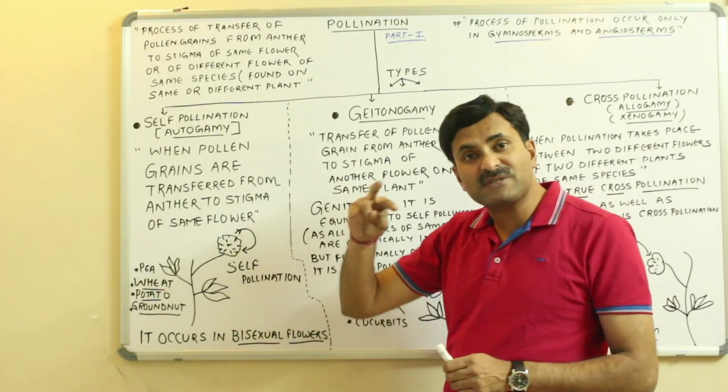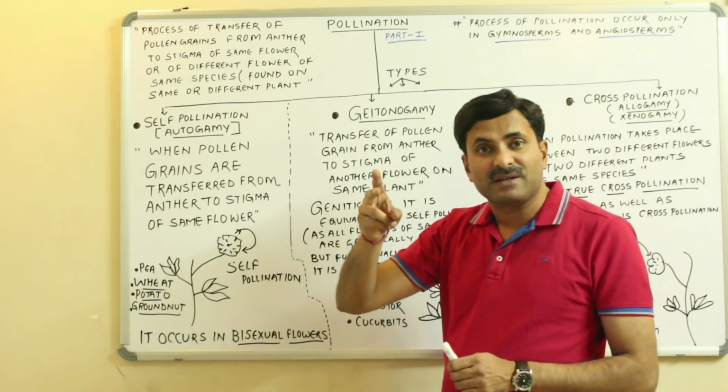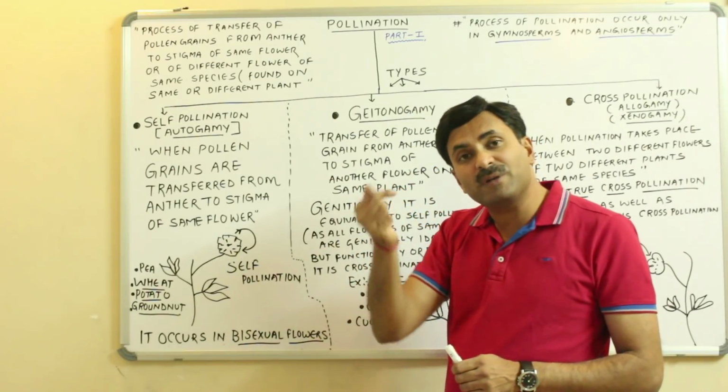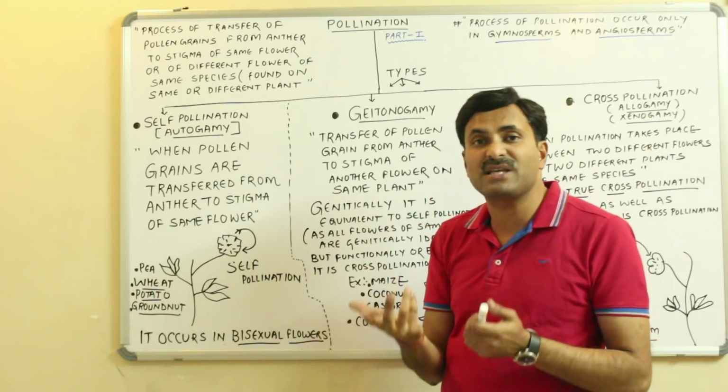So the transfer is very easy: the pollen grains released from the anther are dusted on the stigma of the same flower.